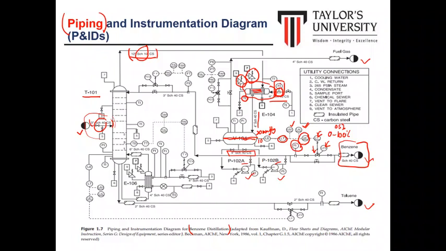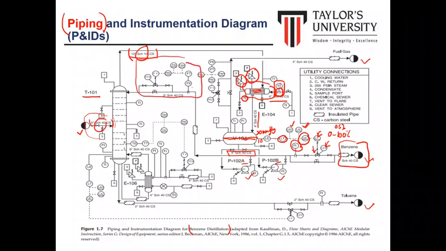For the flow indicator, there is no computer signal, so we only have a mounted flow transmitter that indicates the flow rate in this piping. If we return back to the tower, the flow rate of the benzene returning back to the tower will be controlled because we have a control system here.